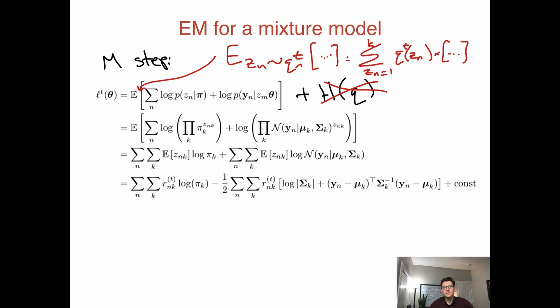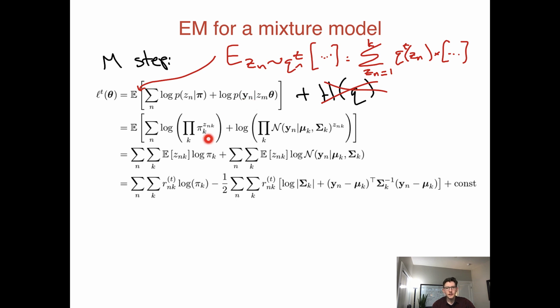Okay, so I'm not going to spend too long on this. I'll let you go through the textbook, but very briefly, what's the likelihood of z of n? We have the categorical distribution for z of n and the conditional distribution for y of n.